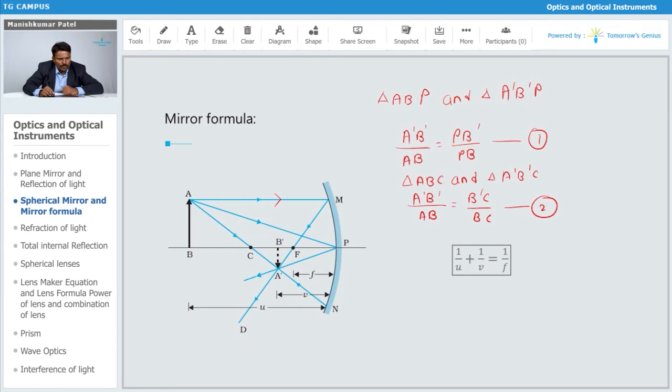Just compare those two equations, and you will get PB dash upon PB is equal to B dash C upon BC. This is how you can write it, comparing the RHS.